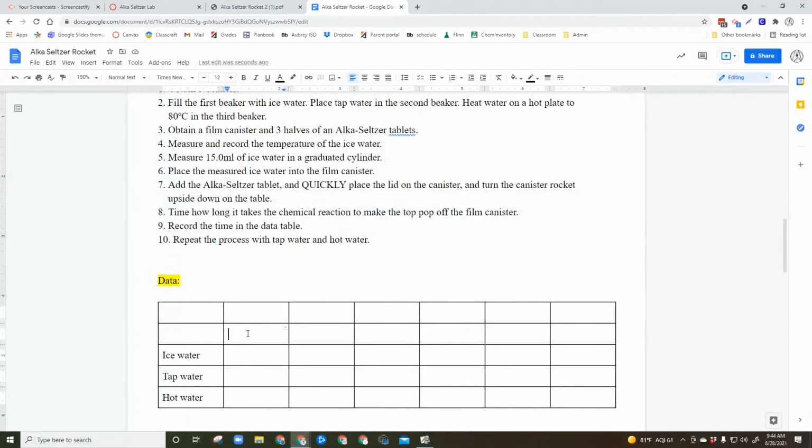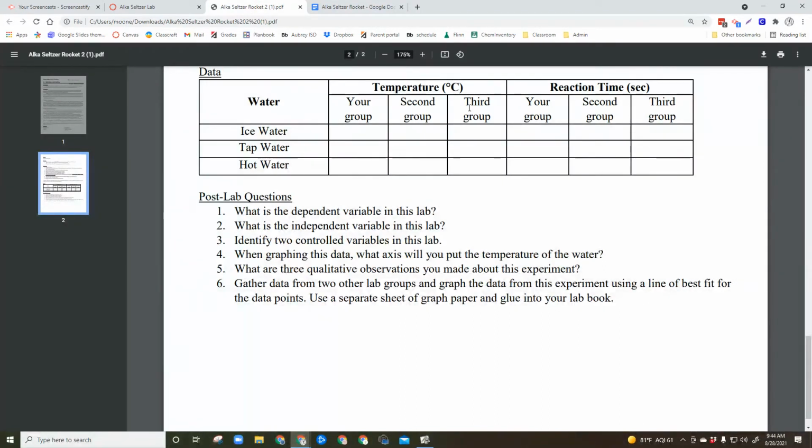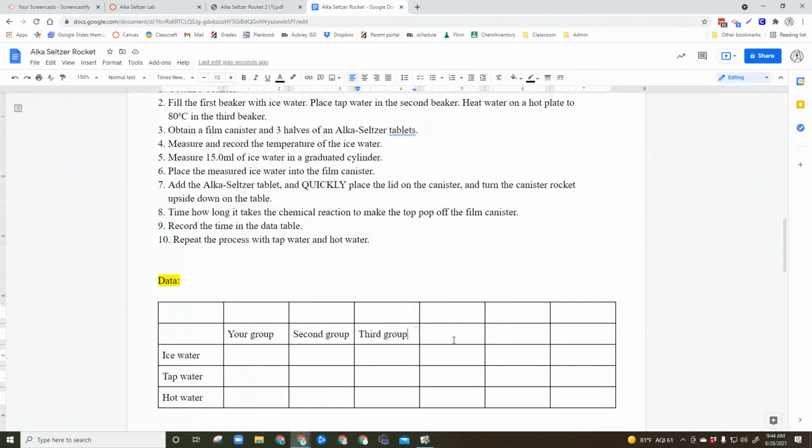Okay. And that is for temperature, and we're going to do the same thing with the time. So your group, second group, third group. Okay. All right.